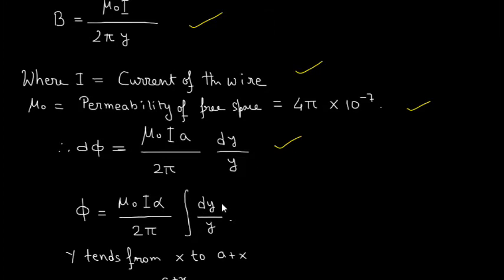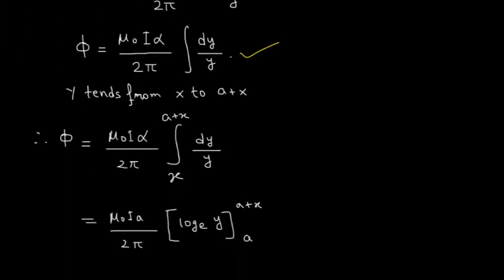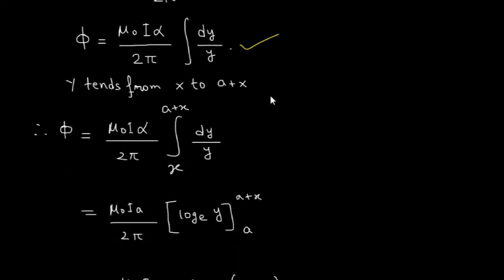Phi is equal to mu naught I a by 2 pi, integration of dy by y, where y goes from x to a plus x.